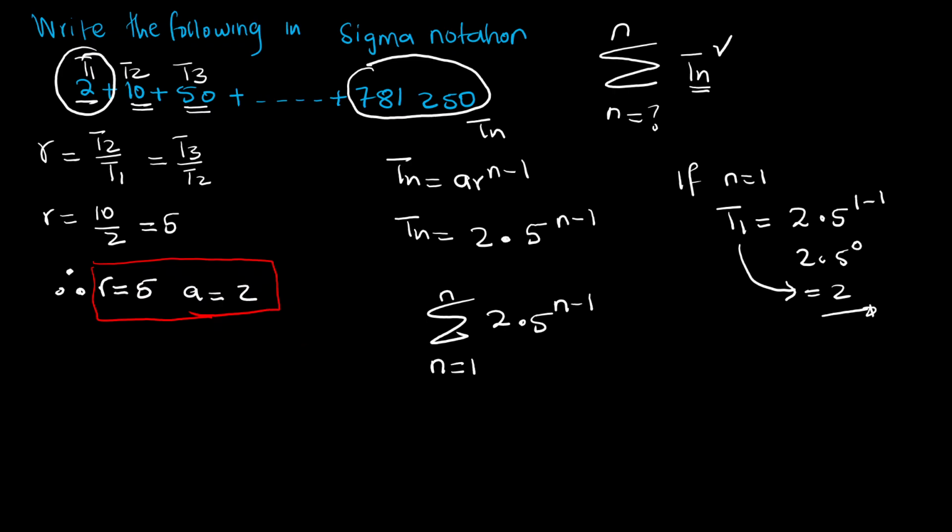So Tn is equal to 2 multiplied by 5 to the power n minus 1. We have to solve for n, so where there's Tn, we put the last term of the sequence so that we can know the number of terms.